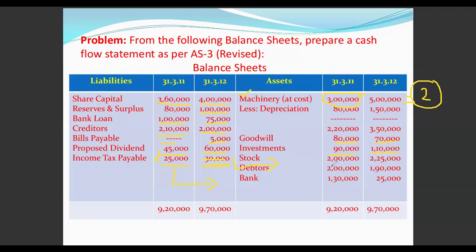Coming further, the stock which was 2 lakhs, now it is 2 lakh 25,000, simply means 25,000 stock is more purchased in the current financial year. The debtors were 2 lakhs and now the debtors have reduced to 1 lakh 90,000. It indicates 10,000 debtors had paid their liability to the company.